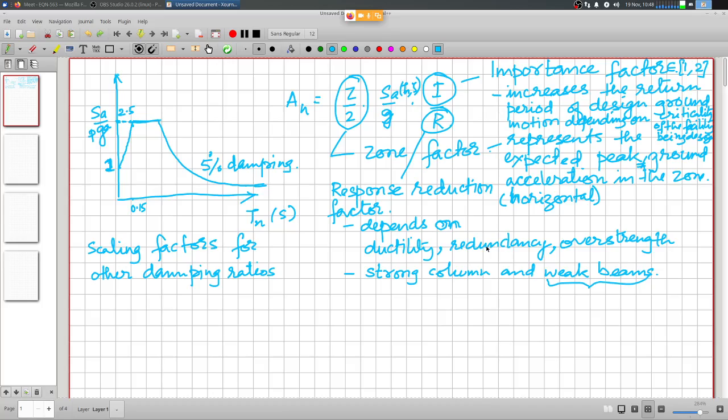And in order to have an economical design, it is much better if some rare strong earthquakes, whose occurrence is unpredictable, occur, then that energy can be absorbed by suitable ductile behavior, I mean, without collapse, without the structure losing its capacity to support load.